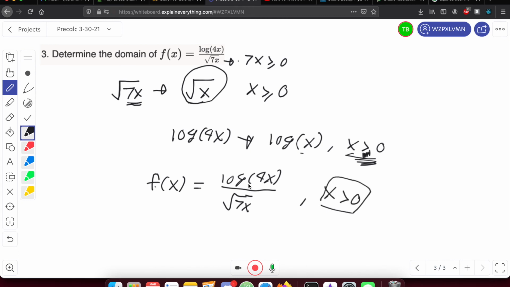Now, there are no upper bounds for these functions because, I mean, log of 4x, x can get as big as you want in this function, and the same thing on the bottom function. For the square root of 7x, x can be as big as you want here. So really, we just need to meet this value. So we can rewrite this as x is defined on the interval from 0 to infinity. Remember to close the infinity with a rounded bracket or a parenthesis because we can never actually reach infinity.